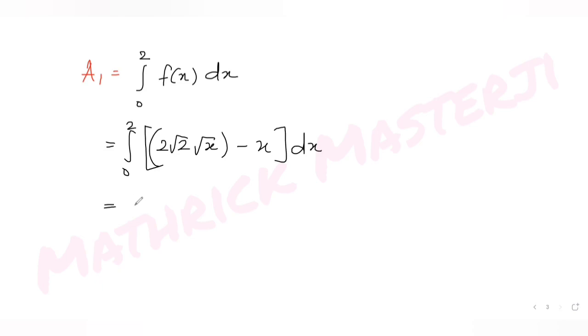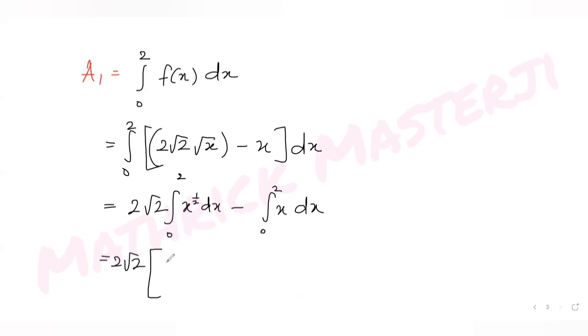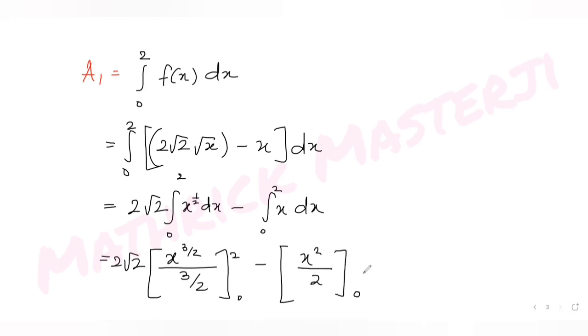If I try to solve it further, I get 2 root 2 square root of x, integral from 0 to 2 of x raised to half dx, minus integral of x dx from 0 to 2. So 2 root 2, this gives me integral of x raised to half, which is x raised to 3 over 2 divided by 3 over 2, limits from 0 to 2. Here I get x square over 2, limits from 0 to 2.